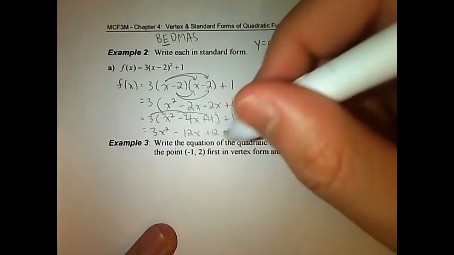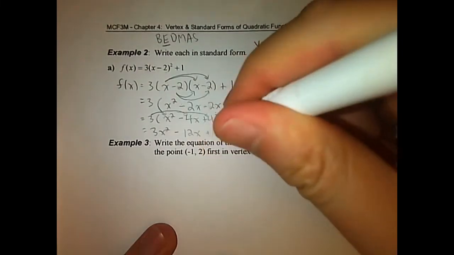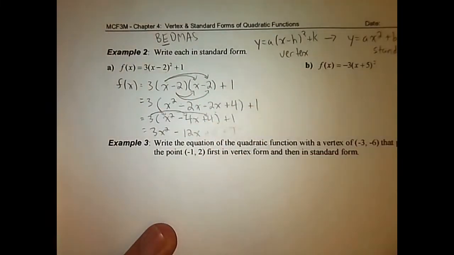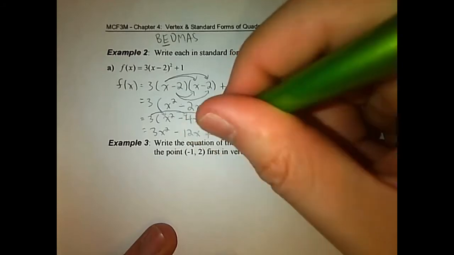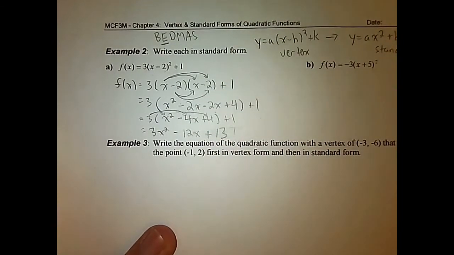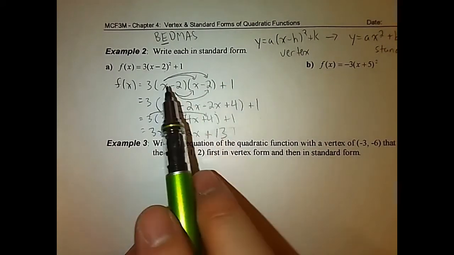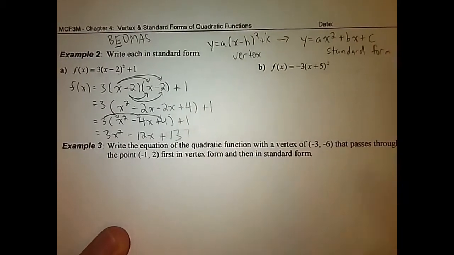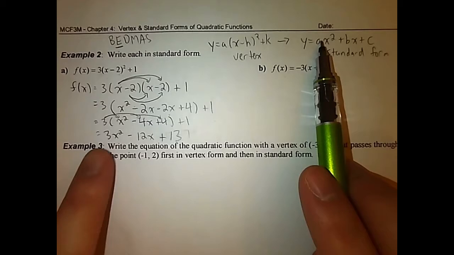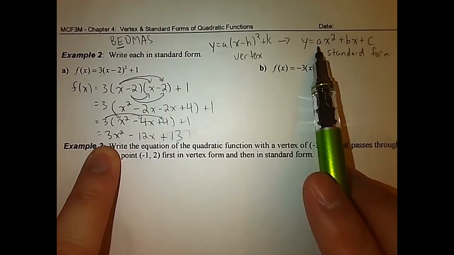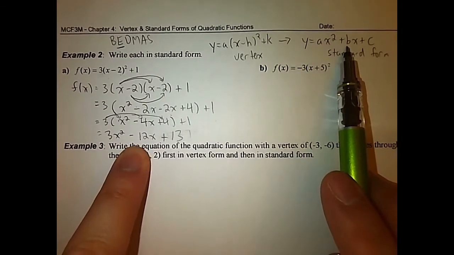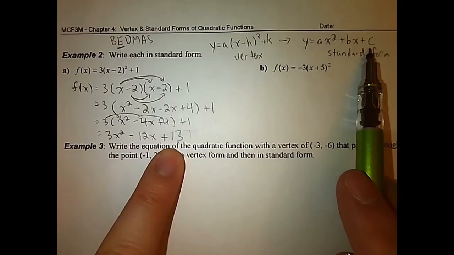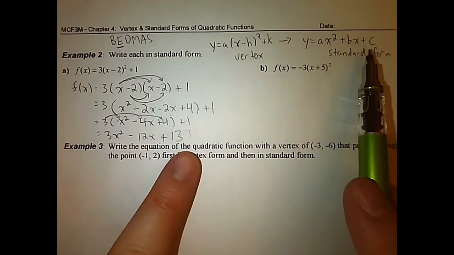I'm running out of space, so I'm just going to erase this because we're going to collect our like terms. 12 plus 1 is just going to be 13. So we started in vertex form, and now it's in standard form: 3x squared, where a is 3 here, bx, negative 12x, c, and 13. So we went from this form to this form.